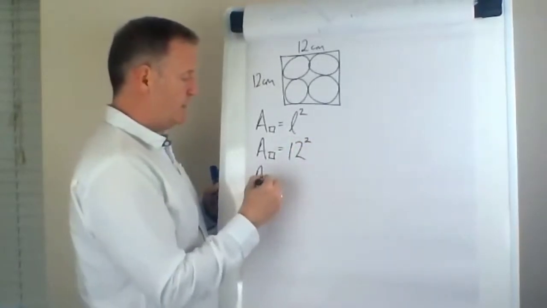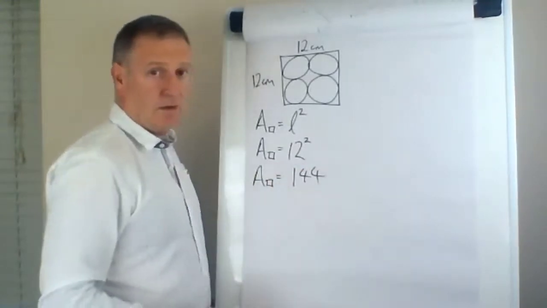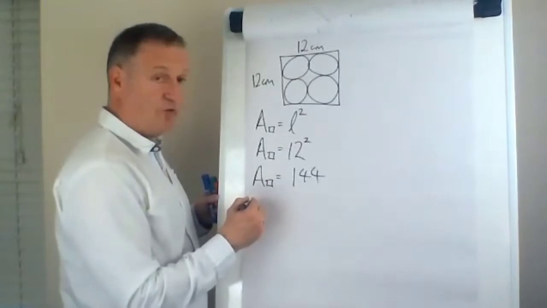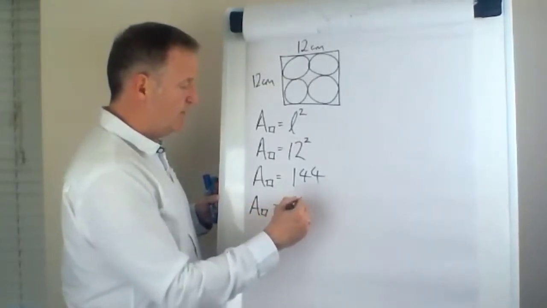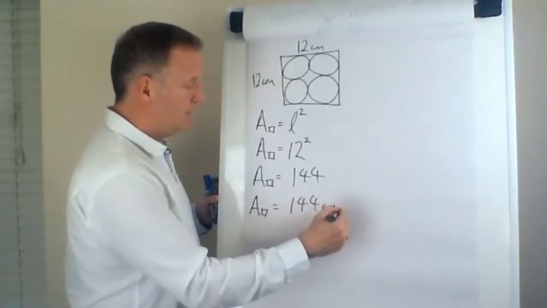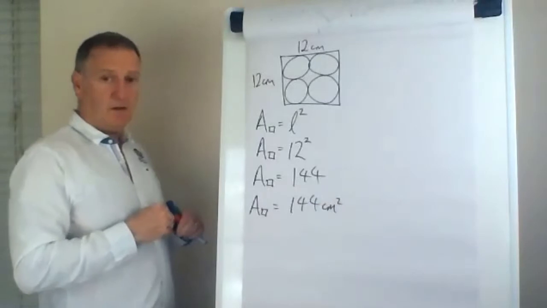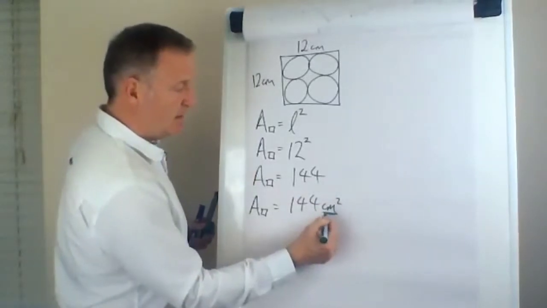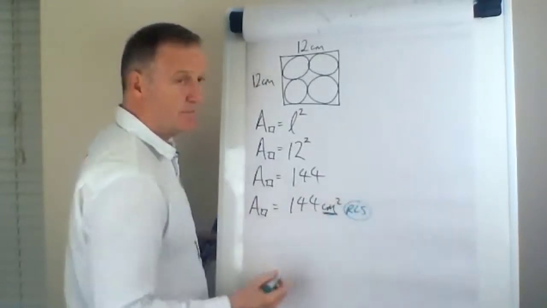And so the area of the square, Jack, just as a number, would be 144. If I want to put down the real life statement now, then the area of the square would be 144 centimetres squared. I'd write this down here, Jack, because I'm making that now a real life statement.